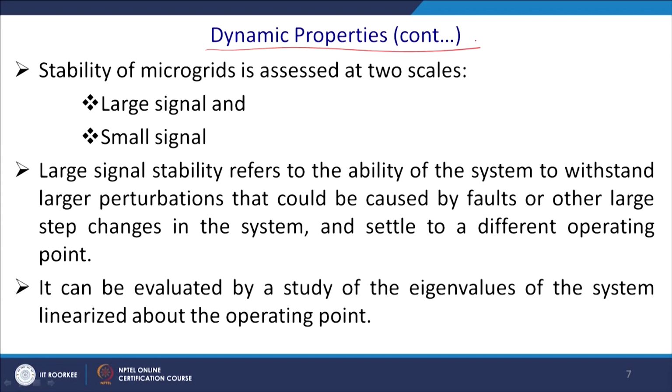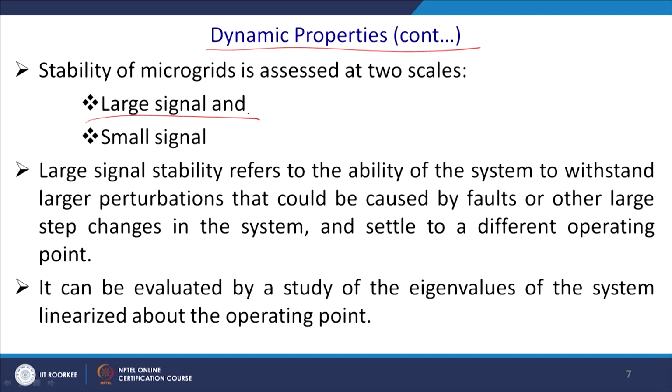Now, stability. Stability is an important aspect of our DC microgrid, or any system rather. It is a part of our dynamic properties. So, the stability of the microgrid needs to be assessed. One is large signal, another is small signal.